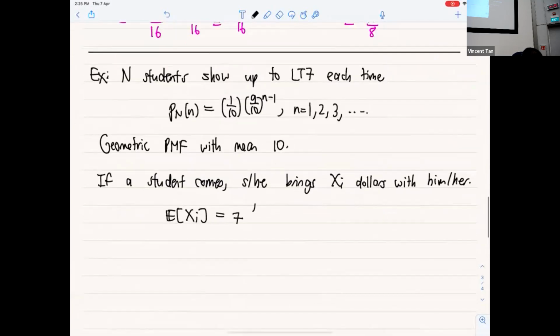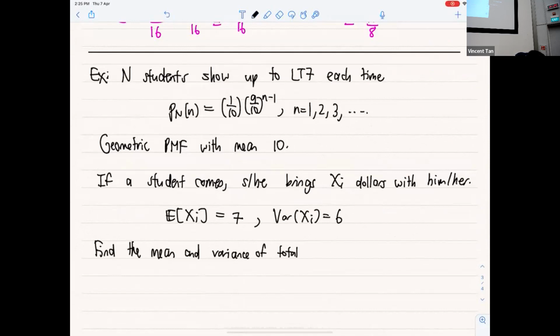But now I have an additional piece of information that I need in order to carry out this calculation, and that's the variance of X_i is equal to some random number, 6. I came up with this example. So the question is, find the mean and variance of the total amount of money brought to LT7.